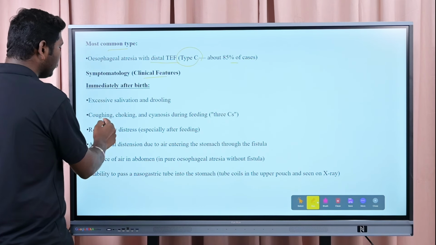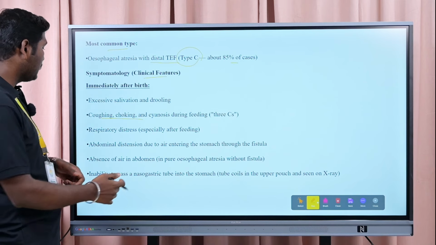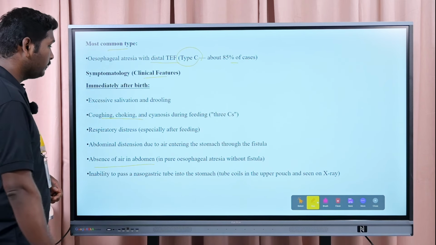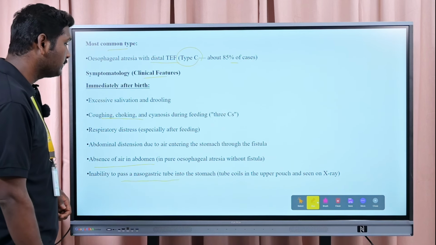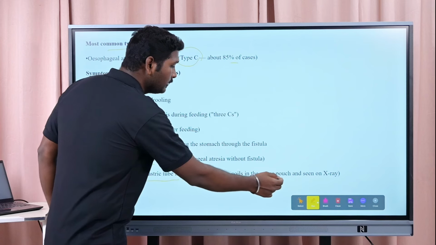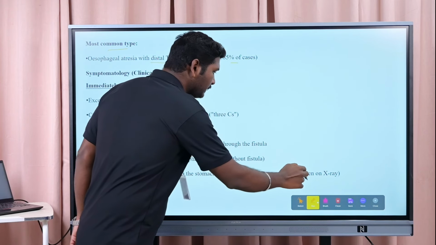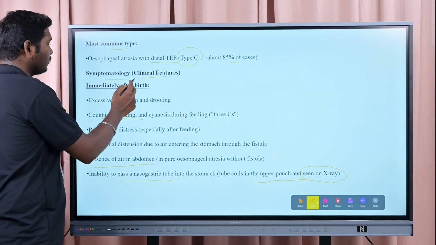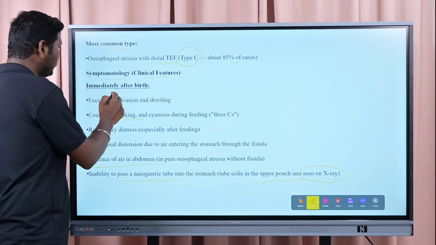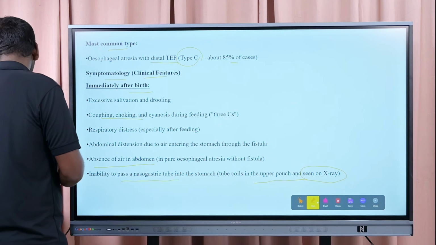Excessive salivation, coughing, choking, respiratory distress, abdominal distension, absence of air in the abdomen, and inability to pass a nasogastric tube into the stomach because the tube coils in the upper pouch, which you can see in the X-rays. These are some of the symptomology, also called clinical features, that you can see immediately after birth. It is not a prolonged one, it is immediately after the birth.